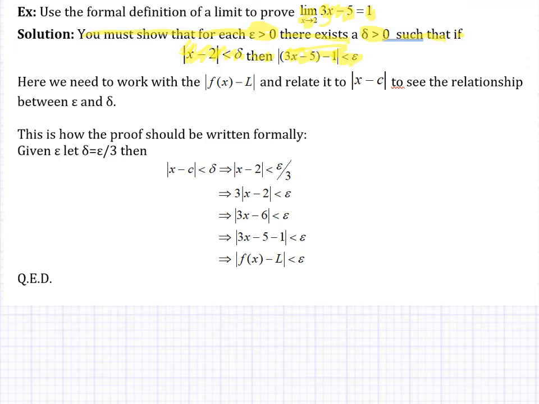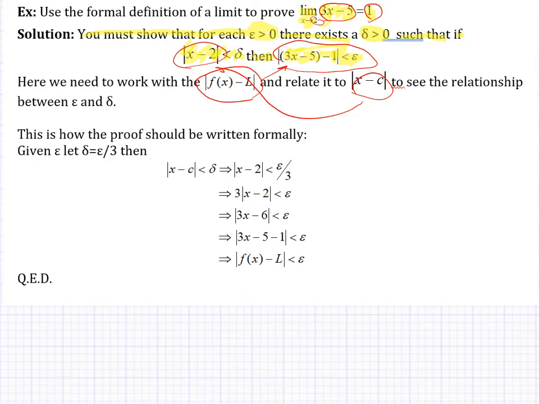So this statement is using f of x minus L, this is f of x, this is L, and this statement is using x minus c, c being 2.